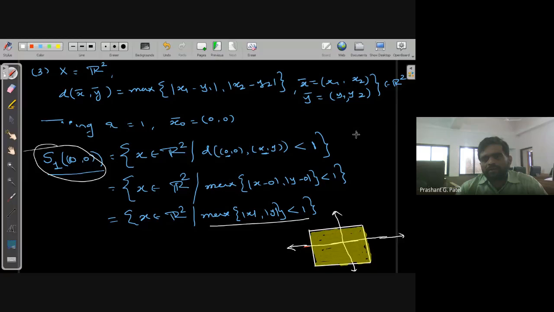So in general, I can say it is the inside portion of a square without the boundary. In R square, this is one of the open spheres.